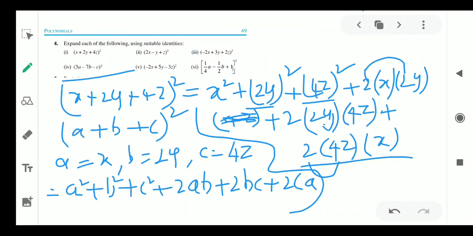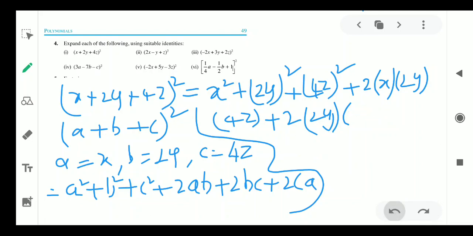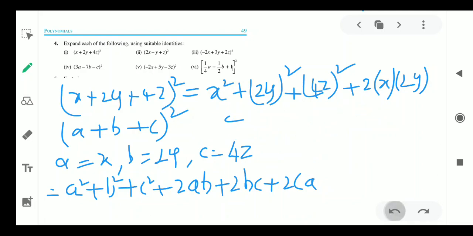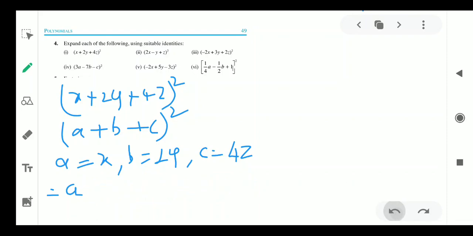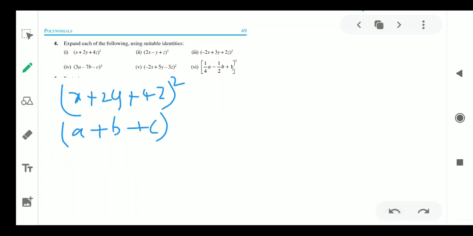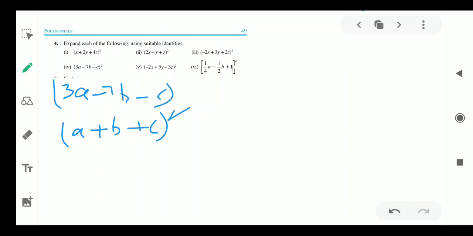Next, see the third question. The third question is also the same: (3a − 7b − c)².